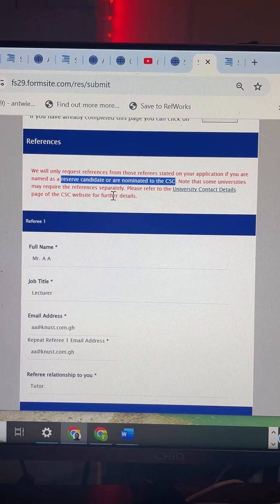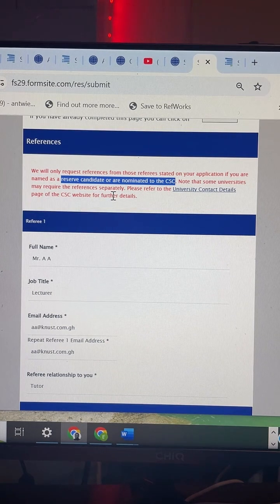Reserved candidates: sometimes you may be competing against maybe 4 or 5 candidates. And so they will put you on reserve and nominate those who they think they're going to give it to in the first hand. What happens is most of them would either resign or reject 1 or 2, because if you apply for, let's say, 3 or 4 and you are selected for all 4, you need to reject 3 and accept 1.